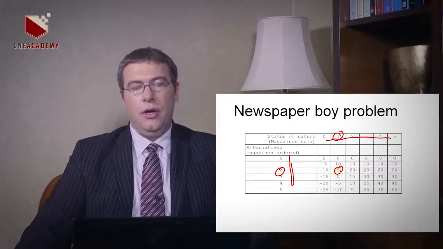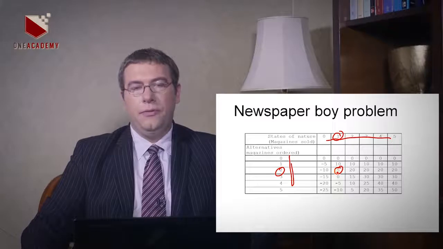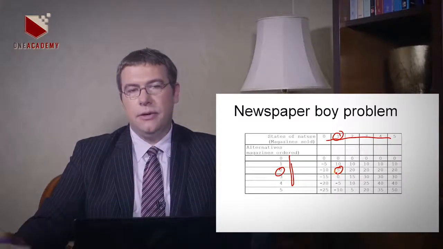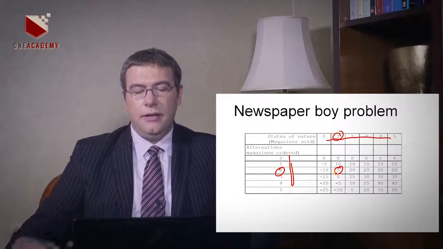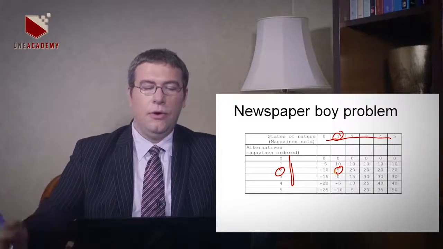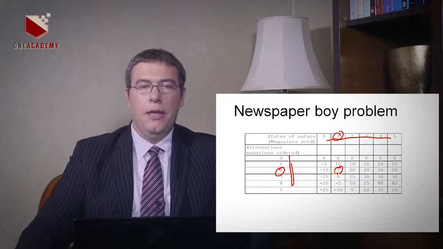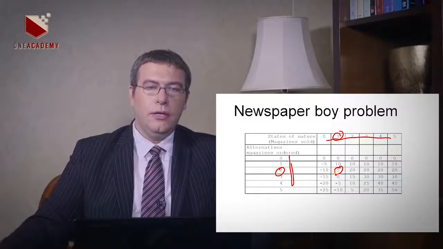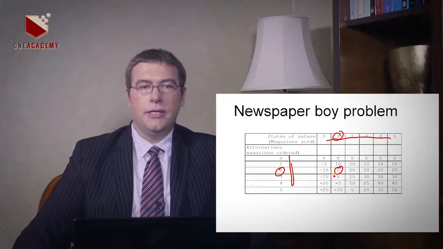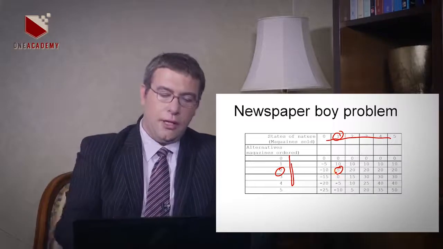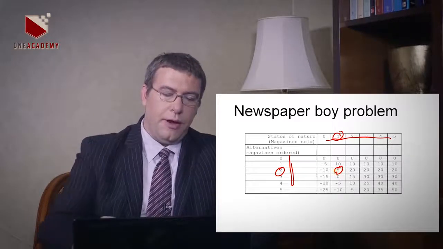Because I'm going to earn a profit of 10 euros from the first customer. It doesn't really matter what the currency is. And since there is no one else to sell my second magazine to, I'm going to take a profit of -5. Altogether, they become a profit of 5.